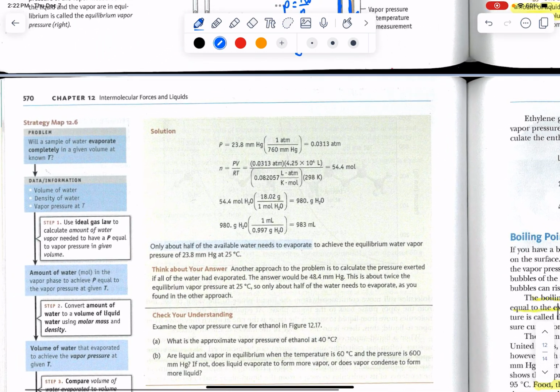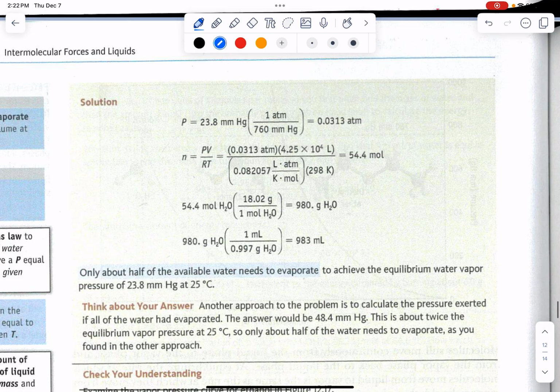So when we do the problem, first thing we want to do is decide what value of the constant we want to use. Your textbook has decided to use this constant, which is in atmospheres, so therefore it requires the conversion of millimeters of mercury into atmospheres of pressure. And that's the number that comes in here for pressure.